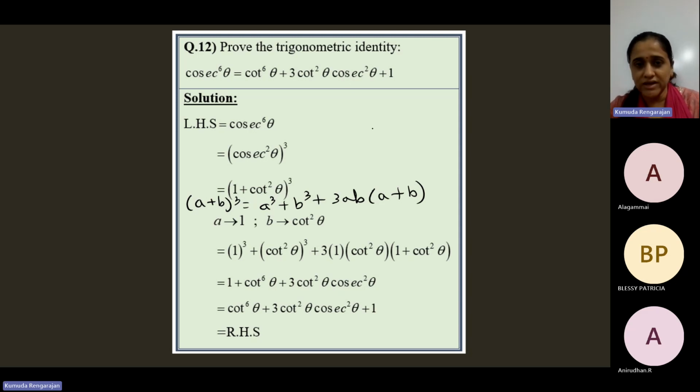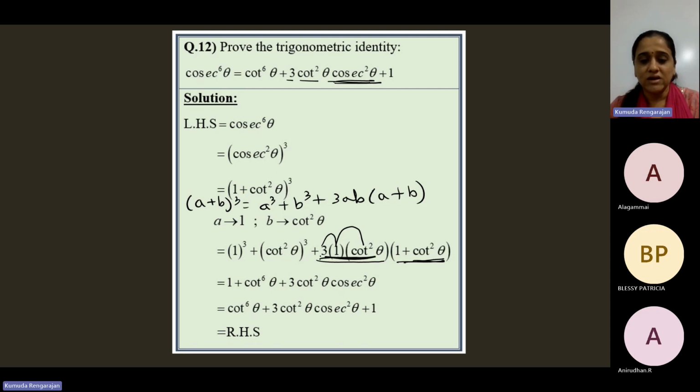Look at the RHS: 1 plus cot square theta you should put back as cosecant square theta, because that's what you have there: 3 cot square theta cosecant square theta.